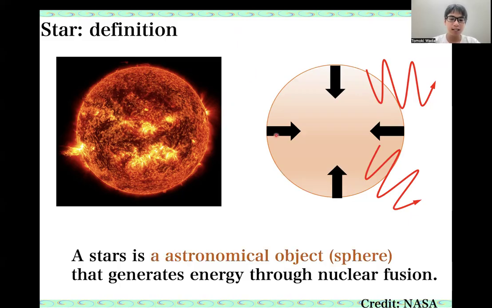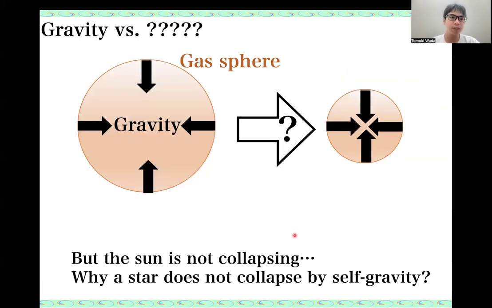First, let's consider the astronomical gas sphere part. A star is a gas sphere, and it is bound by gravity. So it's the self-gravity of the gas sphere that binds the gas.